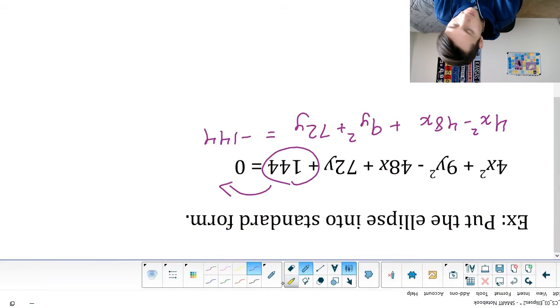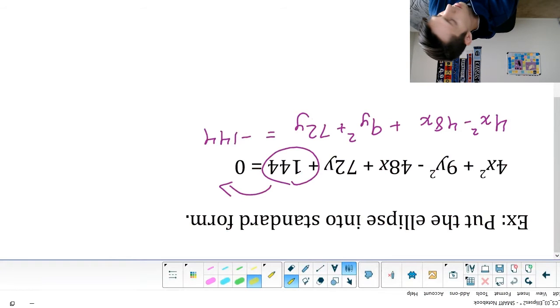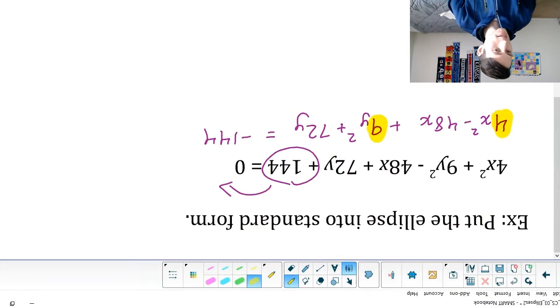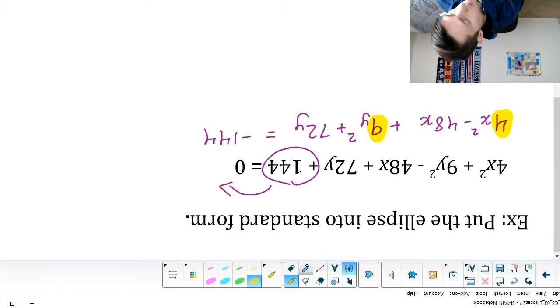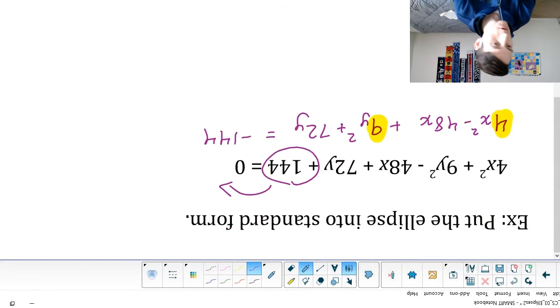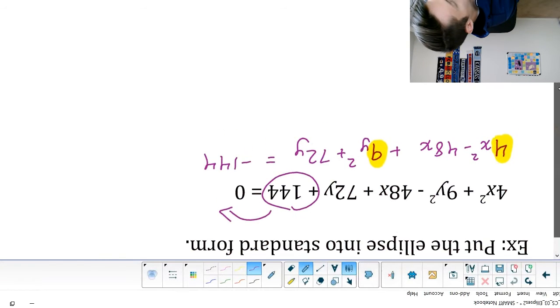Okay, now, like I mentioned on the last one, we have this coefficient in front of the x squared and it's in front of the y squared in this case. So before I do any type of completing the square, I first need to factor out that 4 and factor out that 9.